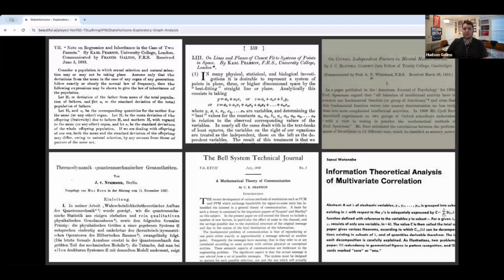We have a very, very long history of trying to find underlying structures in multivariate data.